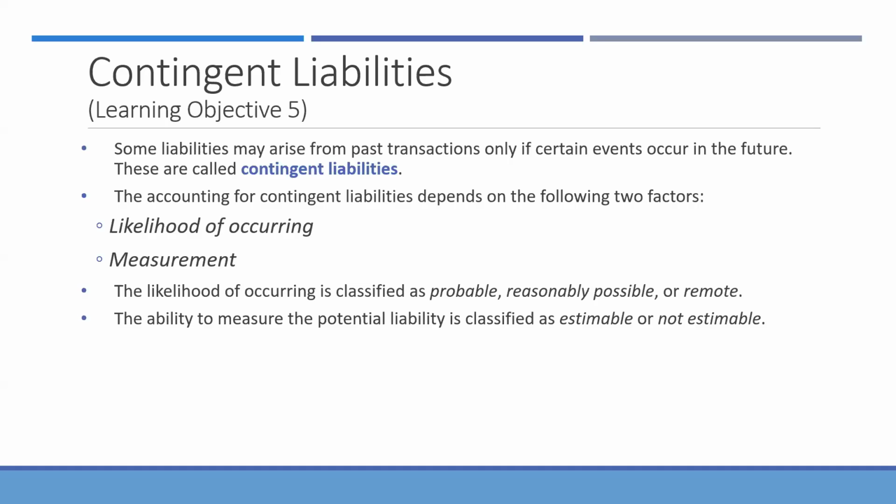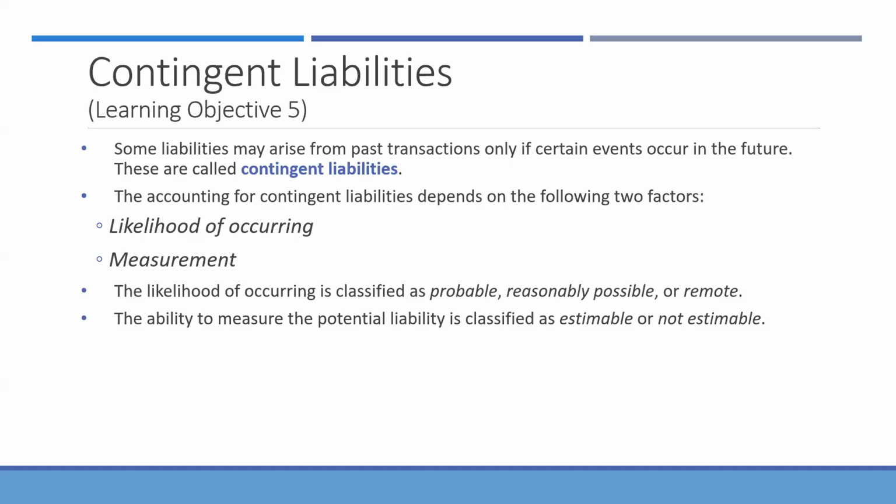And the likelihood of occurring is classified as probable, reasonably possible, or remote. And in the remote category, if a lawsuit is classified as frivolous in a legal letter or legal disclaimer, generally that would be remote. And then the ability to measure the potential liability is classified as estimatable or not estimatable.